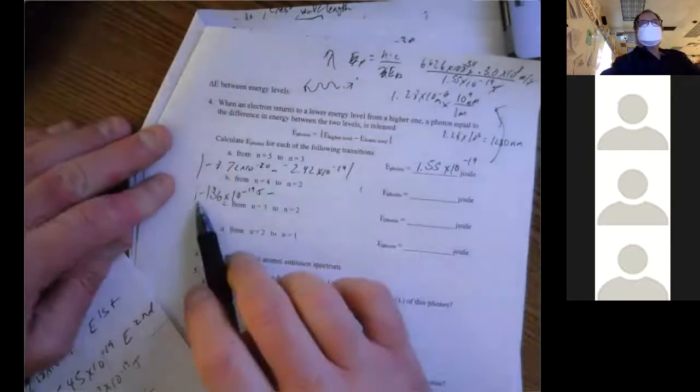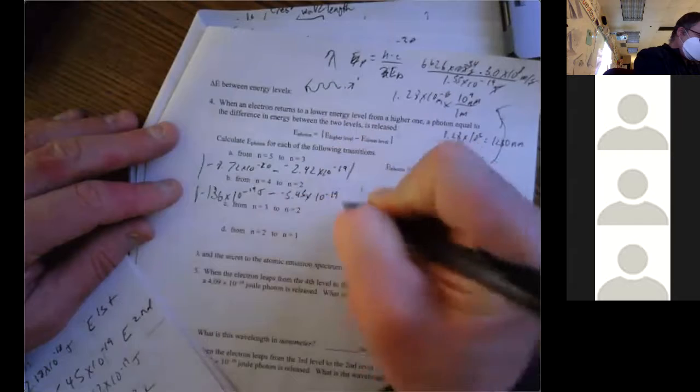Sorry about that. So we have negative 1.36 times 10 to the negative 19 joules. Remember, these lines out here mean that this is absolute value. We're going to subtract from that 2, which is negative 5.45 times 10 to the negative 19 joules.